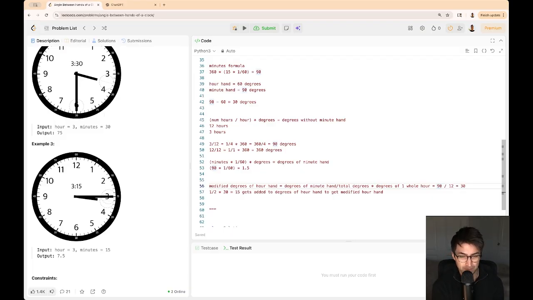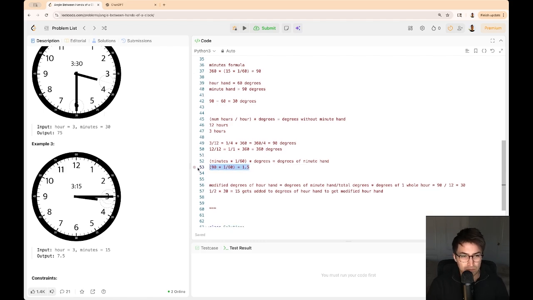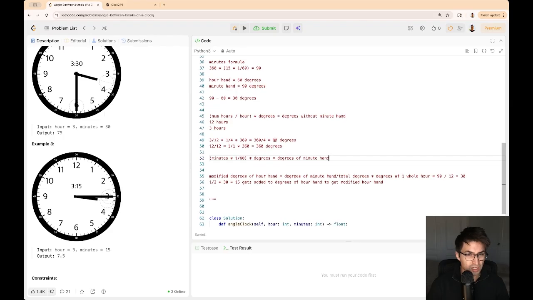Oh boy. 90 degrees is of the minute hand.